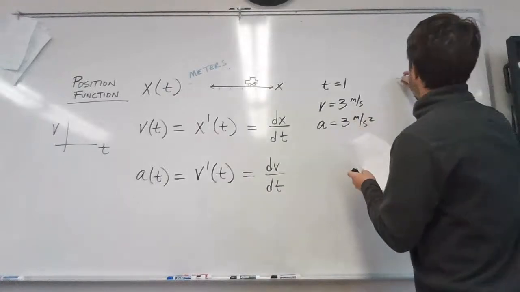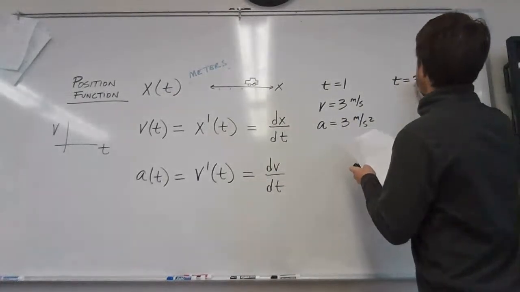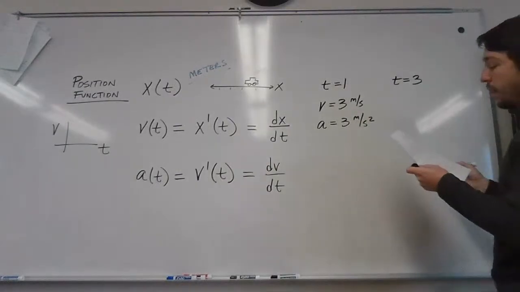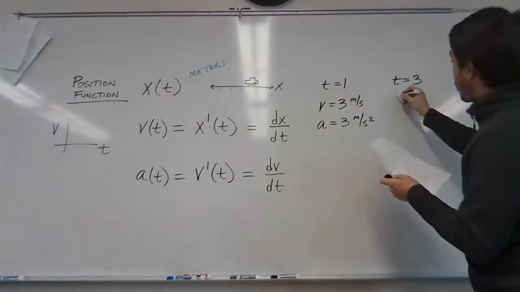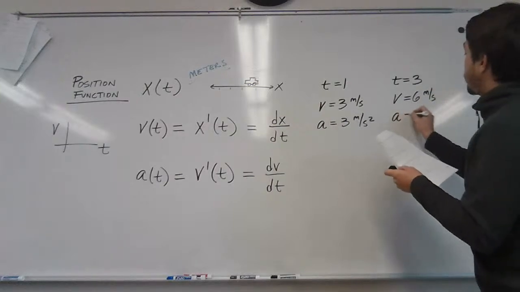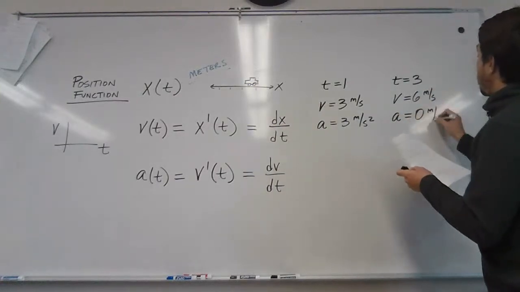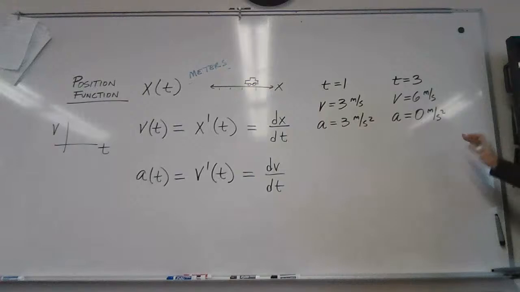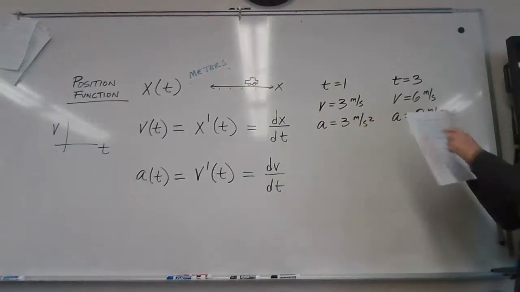So if we go over to now, how about at time 3 seconds? Well, now the velocity is 6. But what's the acceleration? 0. Because the slope up there at the top of that graph is 0.